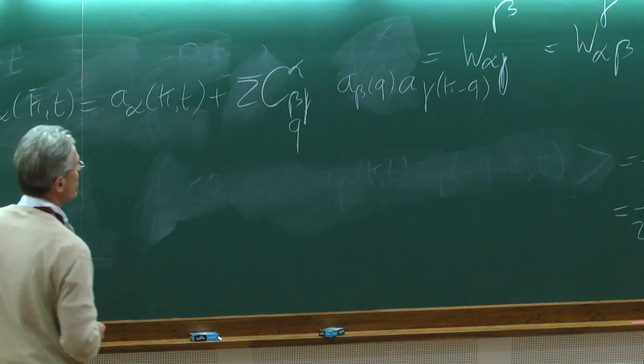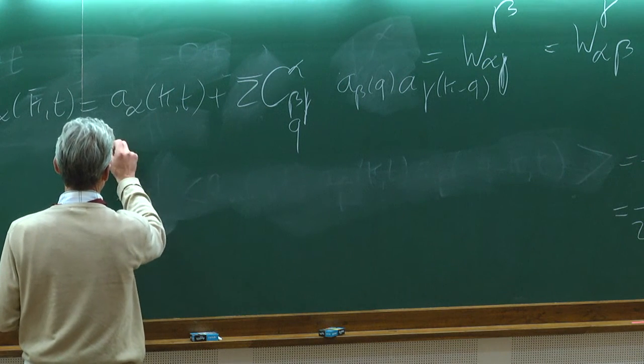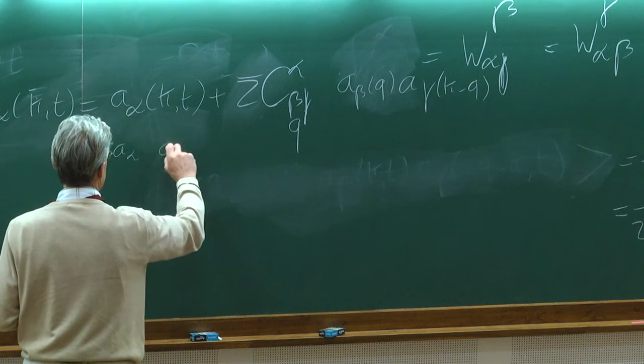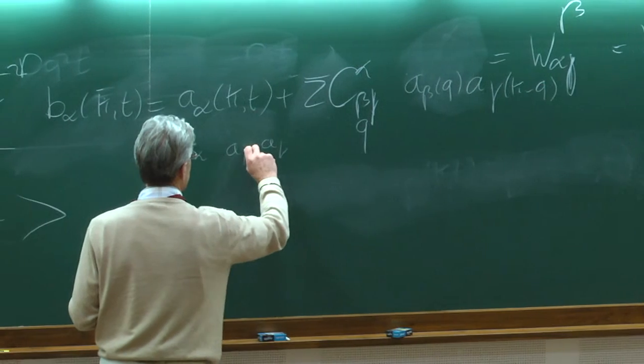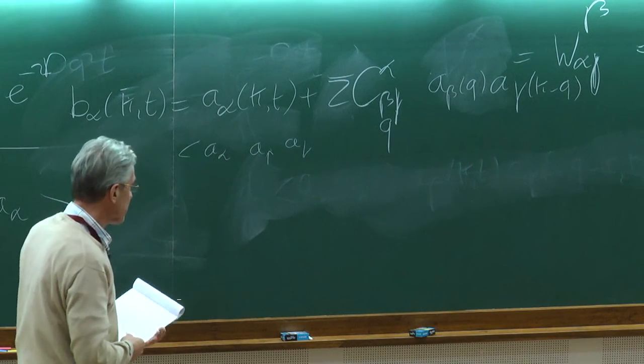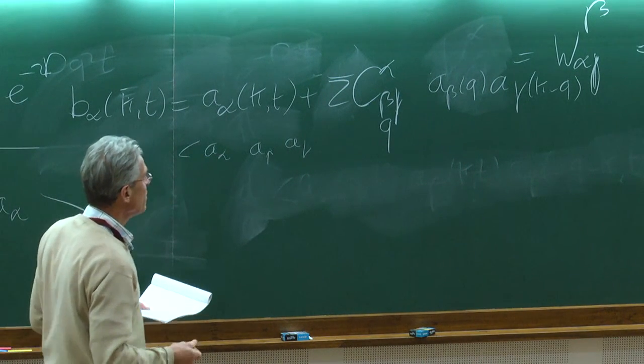And that's fairly simple. So you just take A alpha, A beta, A gamma of different wave numbers. And just simple algebra.